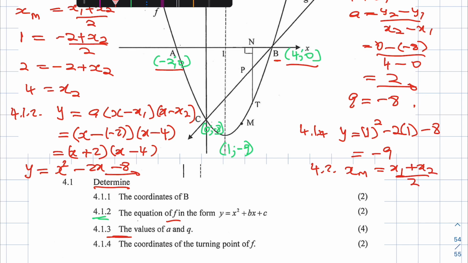X midpoint again is 1 equal to x1, which is 0, plus x2 over 2. Multiplied by 2, 2 is equal to x2. So therefore the coordinates of M will be, y is still the same, x is 2, y is still negative 8. So that will be 2 and negative 8.